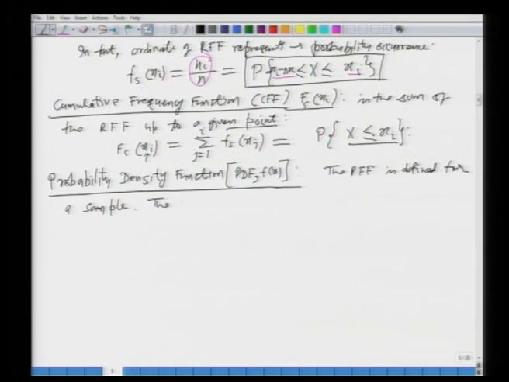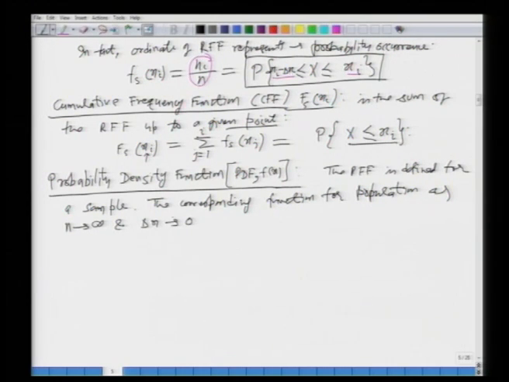The corresponding function for the population. Function for population. What is a population? A sample of size infinity, as n tends to infinity and delta x tends to 0.